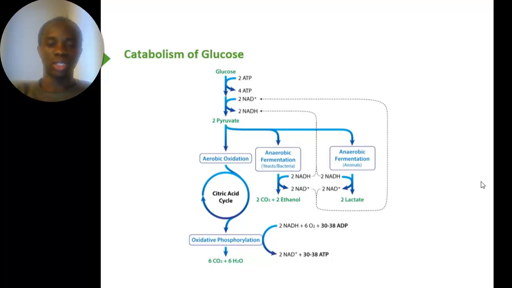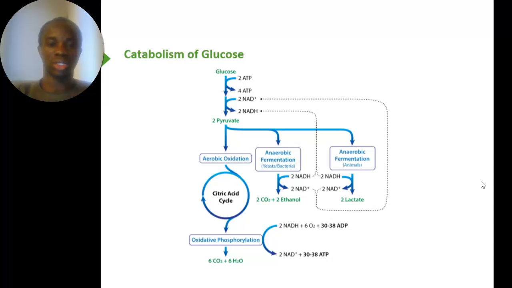So this first slide gives a general overview of the different processes involved in the breaking down of glucose to yield CO2 and H2O. The first stage in this process of glucose catabolism is the conversion of glucose to two units of pyruvate.